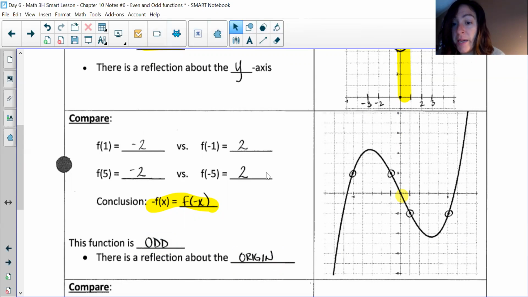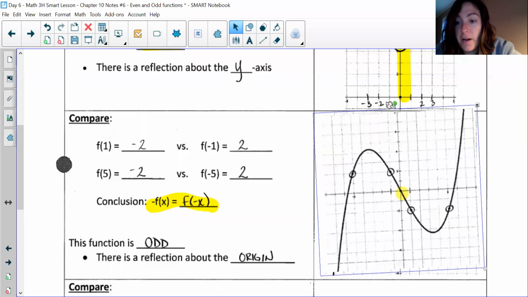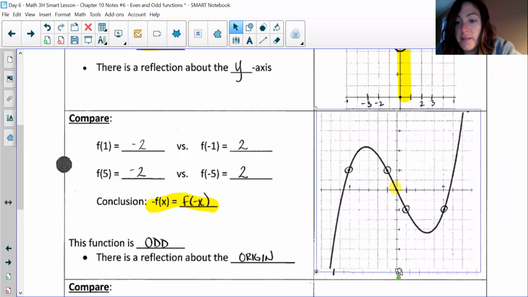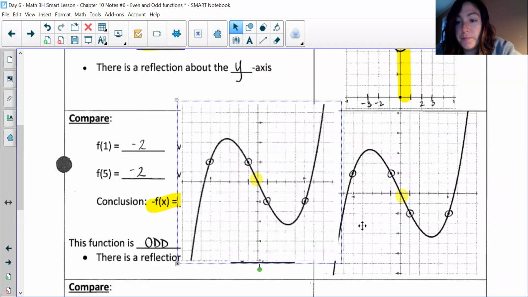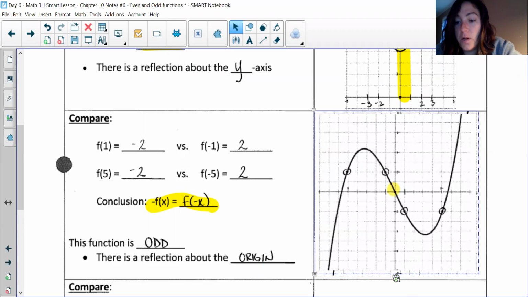If it ends up looking exactly the same when it's upside down, it is a reflection over the origin. So for example, if I take this graph here and I rotate it 180 degrees, it's still the same graph. That means it's a reflection about the origin.